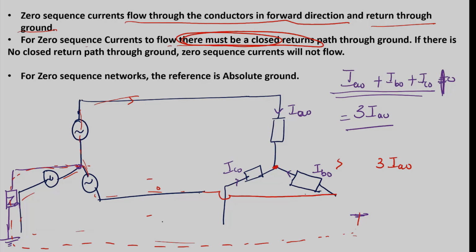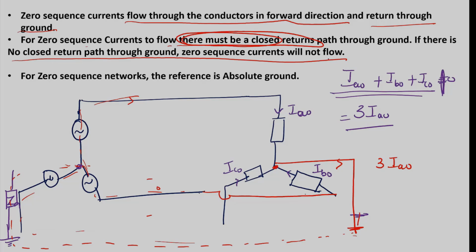Unless there is a closed path to return through ground, zero sequence currents will not flow. So if I don't ground the load neutral, or if I disconnect the source neutral, in both conditions the zero sequence currents will not flow at all.